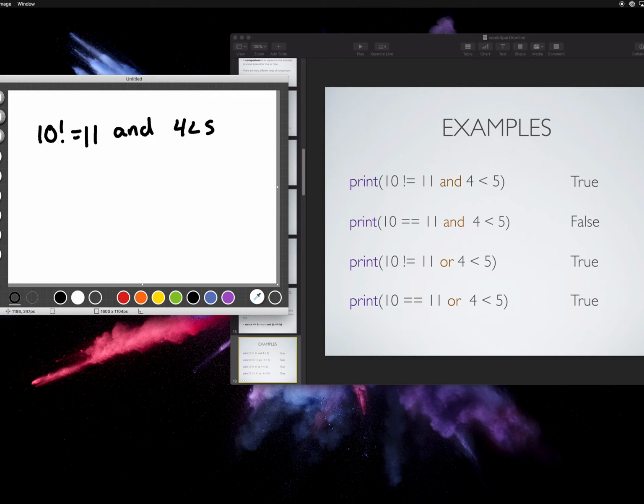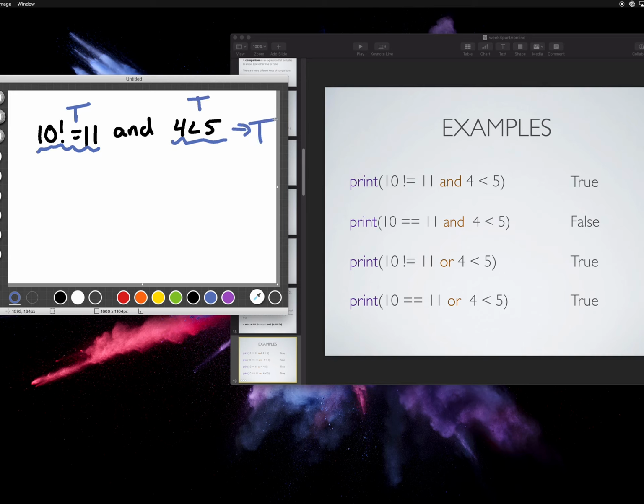So remember, the rule with these is you want to do the comparisons first, meaning we're going to do this and this first. So let's talk about the first one. 10 not equal to 11. That's true, right? 10 does not equal 11. So this is true. And then the one on the right-hand side, 4 less than 5, that's also true, right? 4 is less than 5. So that means we have true and true. Again, the rule is with and, if both of them are true, whole thing's going to be true. So this will give us a true back.